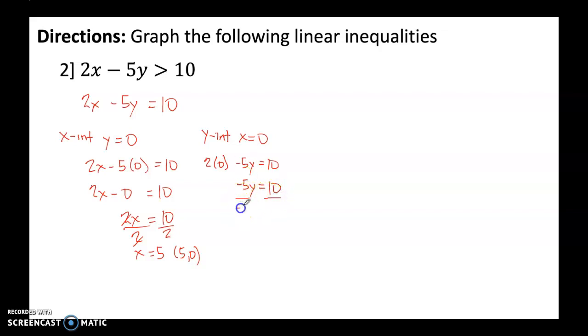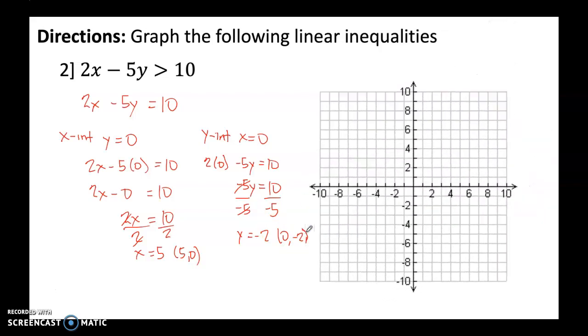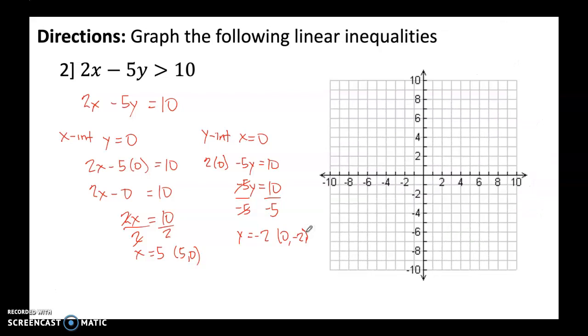Divide both sides by negative 5. y equals 10 divided by negative 5, which is negative 2. Therefore, the y-intercept is at (0, negative 2). Plot the points first: (5, 0) and (0, negative 2).